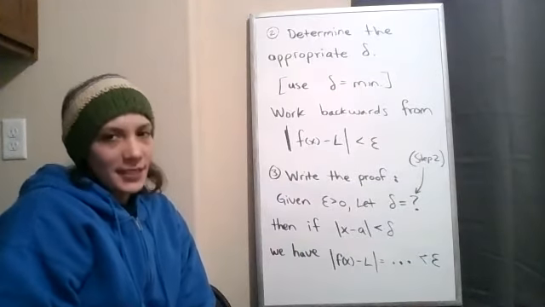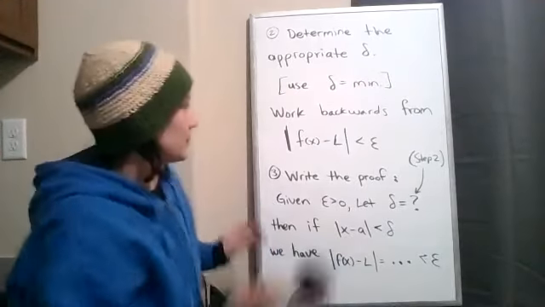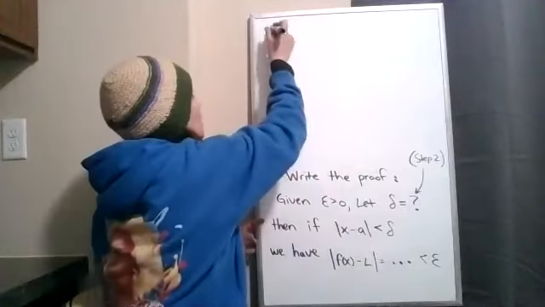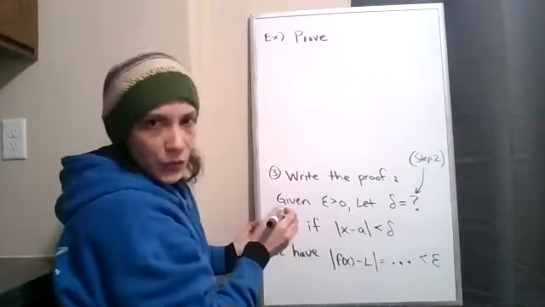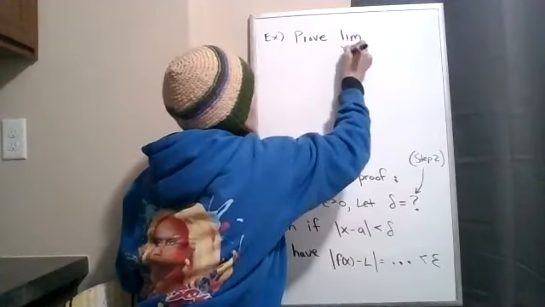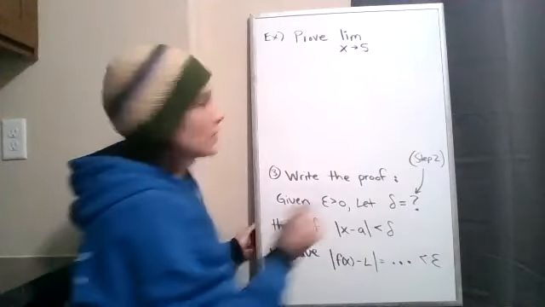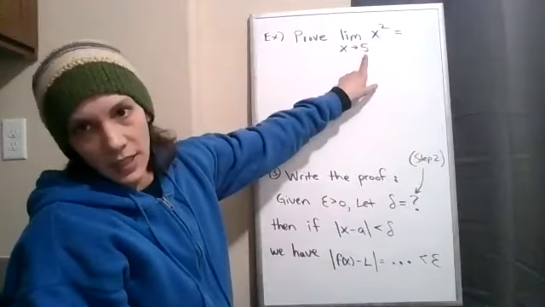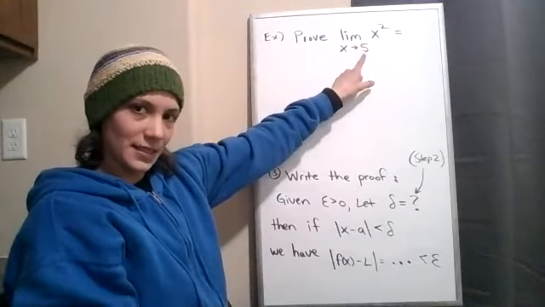All right, first example. We're going to prove that the limit as x approaches 5 of x squared is, what do you think it is? Guess. 25.